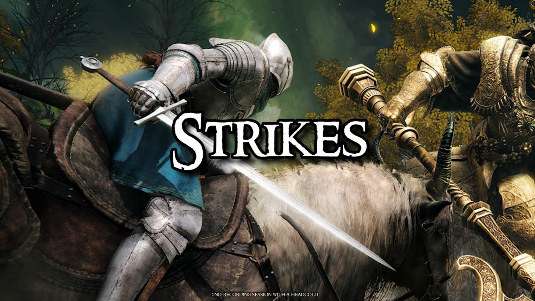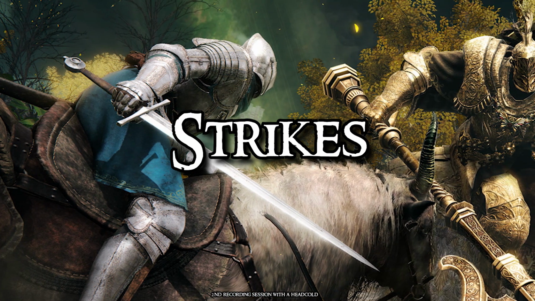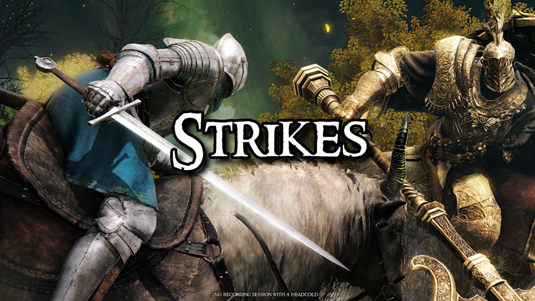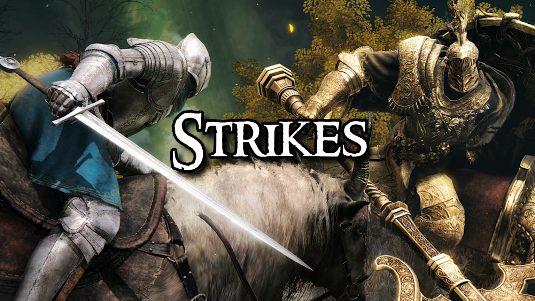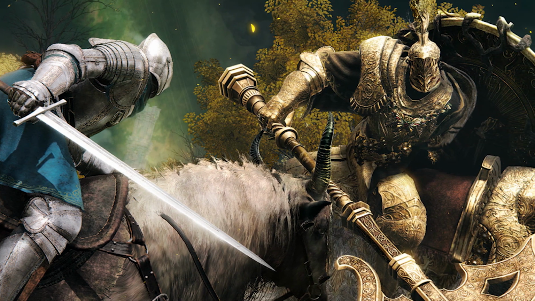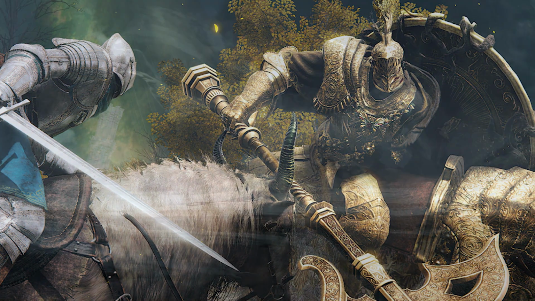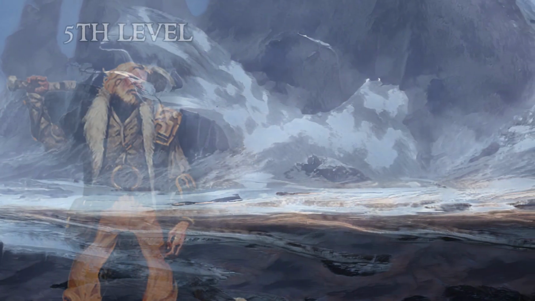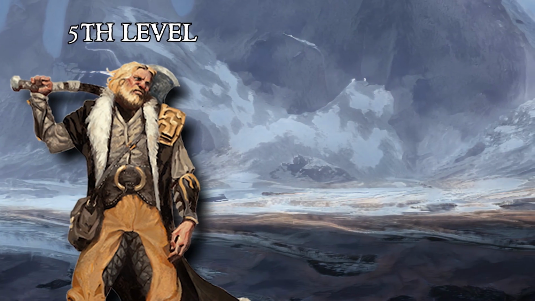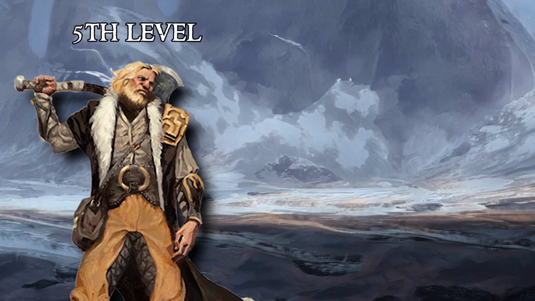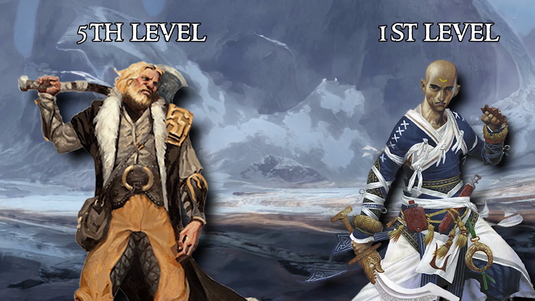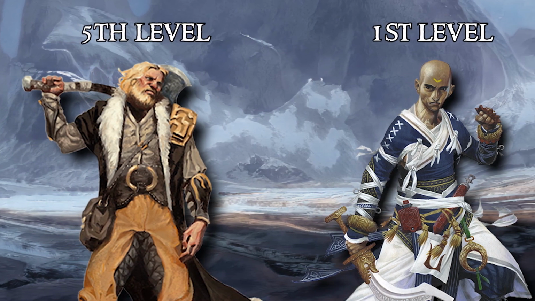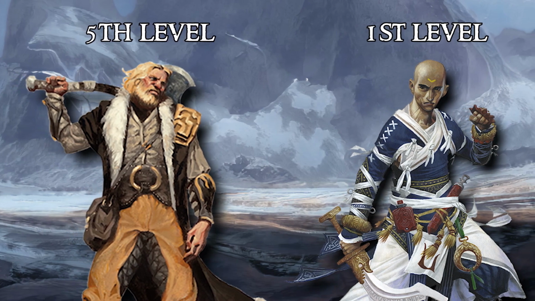Next up, physical attacks. In 5th edition, you can use your action phase to attack as many times as your class is allowed to at whatever level you are. For example, barbarians at 5th level get 2 attacks. In PF2e, you get 1 attack per action unless a feat you've chosen allows for more.